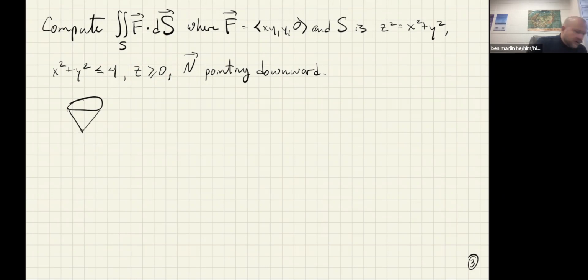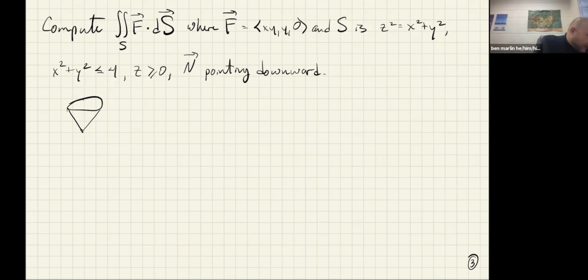It just goes upward, okay? The x squared plus y squared being less than or equal to 4, we're going to read as saying that the domain space is going to have a disk with a radius of 2, okay?